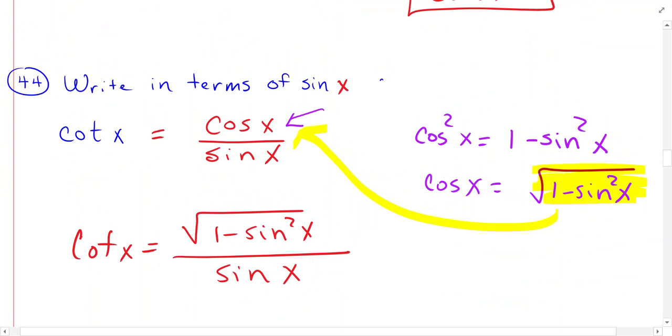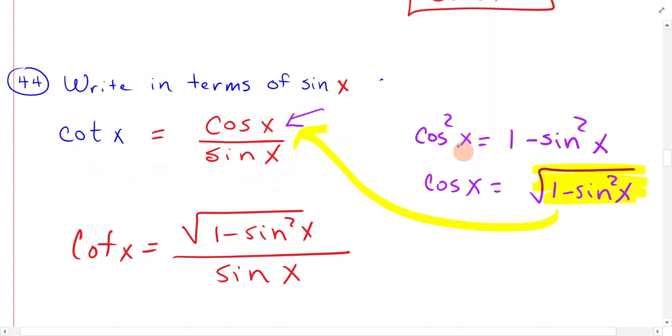Number 44 says write in terms of sine, which means you're only allowed sine x or some form of sine in the final answer. All right, so cotan x is equal to cosine over sine. So this sine's okay. We need to figure out what cosine could be.